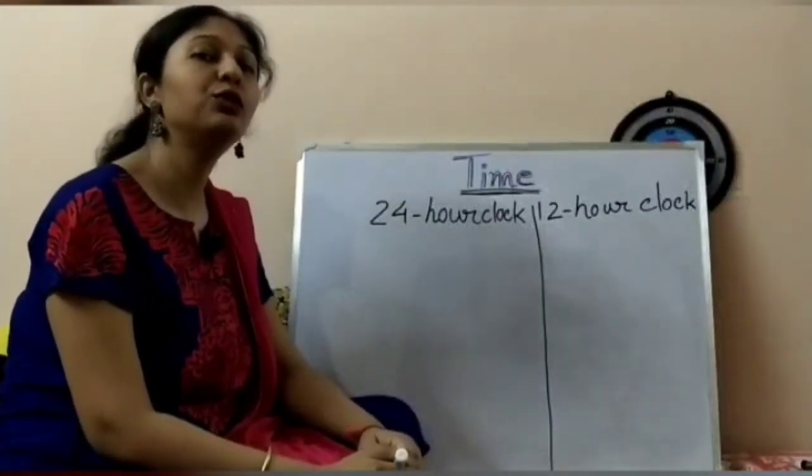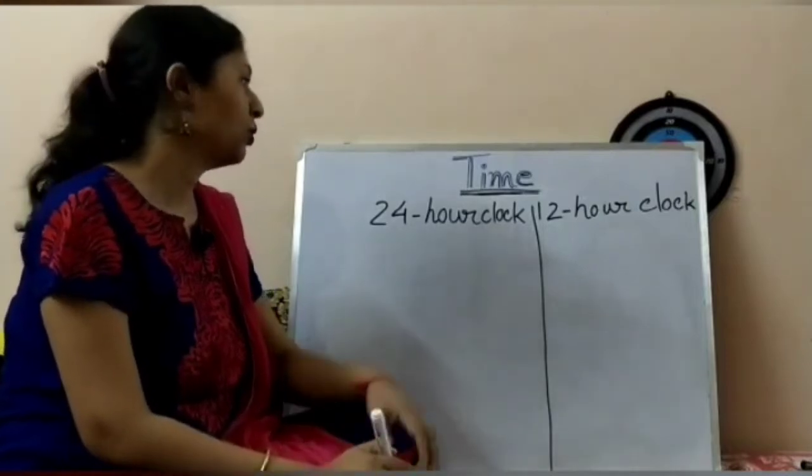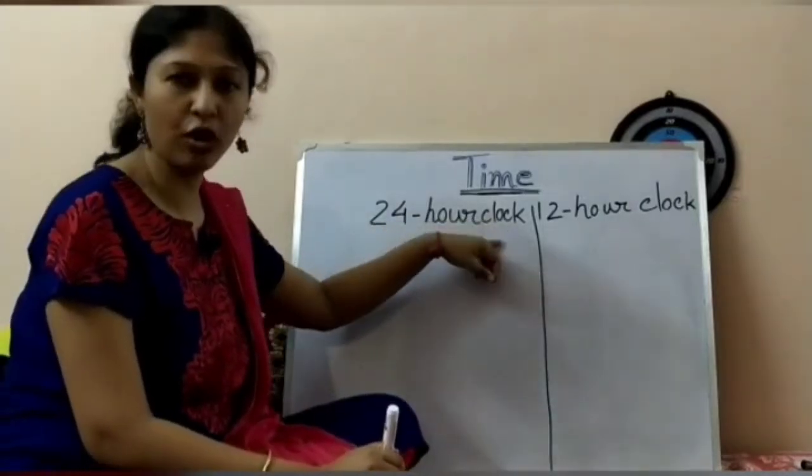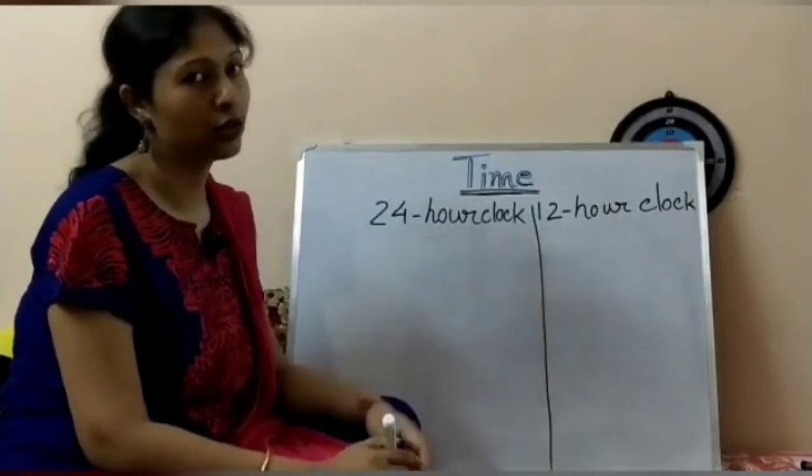We actually have two types of clock. One is the 24-hour based clock, one is the 12-hour based clock.